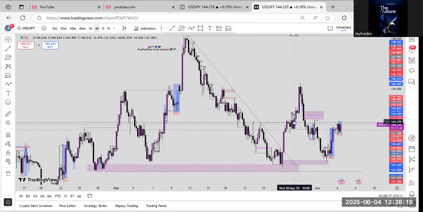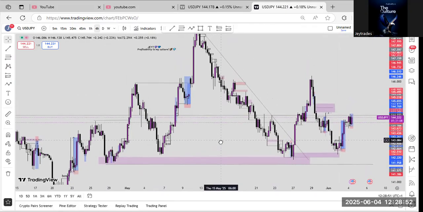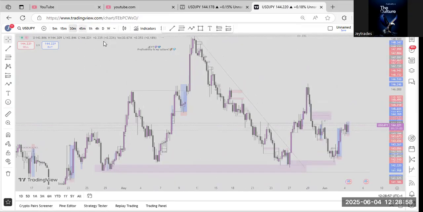Price is going to be bullish, although we might have some little sales in this particular market, but price is very much bullish because price hasn't broken this range, this low here. It is when price breaks this low that we start saying that price is bearish. When price breaks this low, that's when we know that price is now bearish on the 4 hours. Then we could be looking for sales in the market.